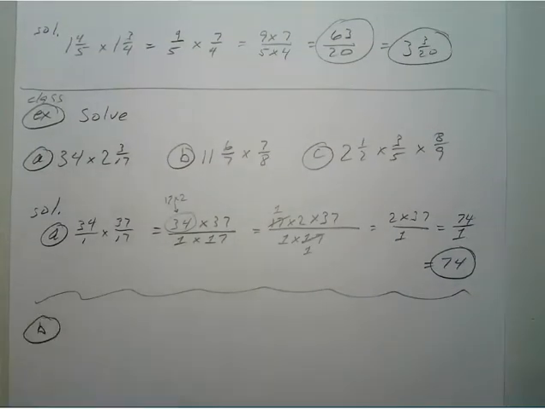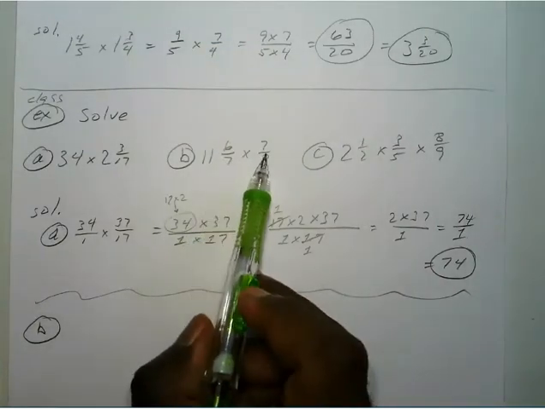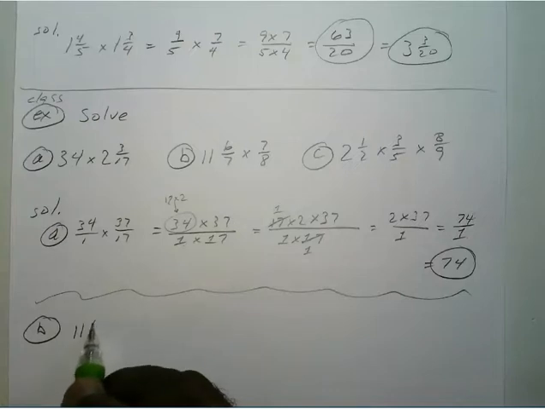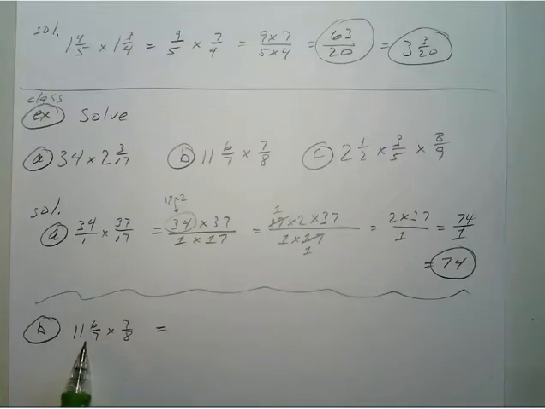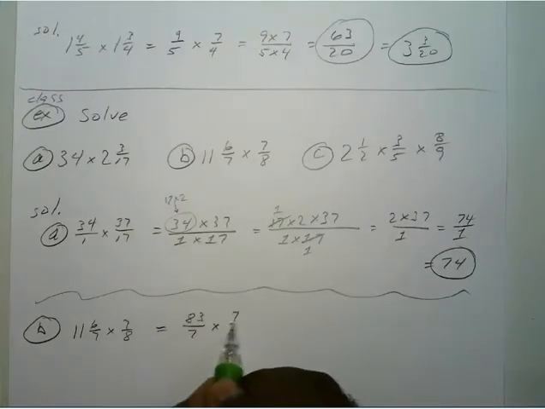All right, so for problem B, you have 11 and 6/7 times 7/8. We're going to convert our mixed number. 7 times 11 is 77, plus 6 is 83. We have 83 over 7 times 7/8.